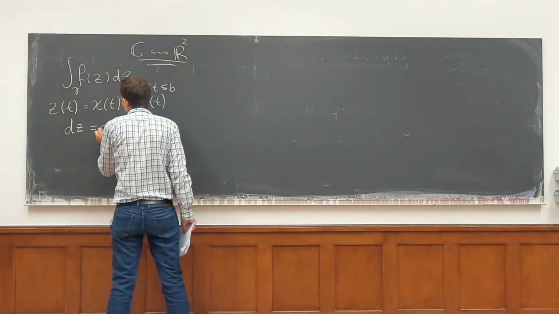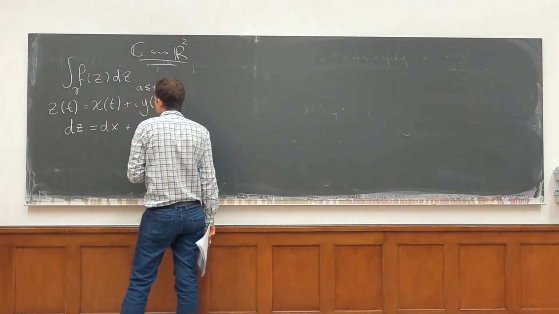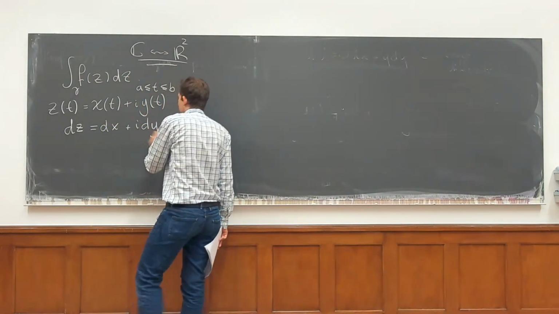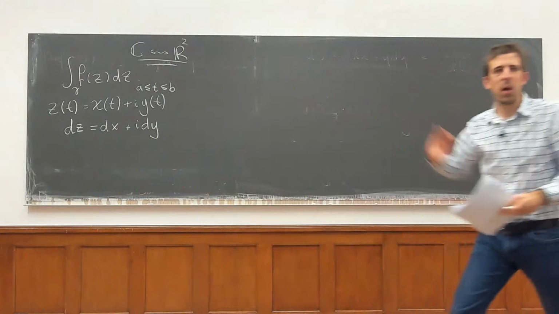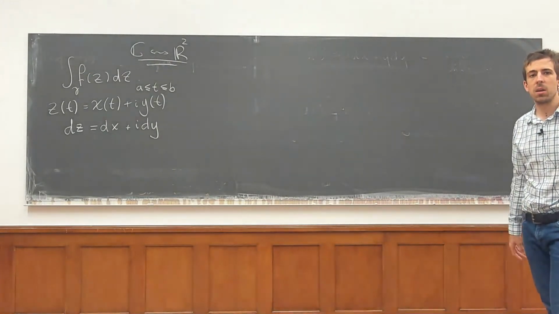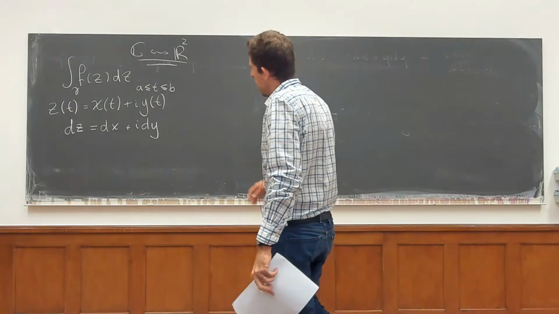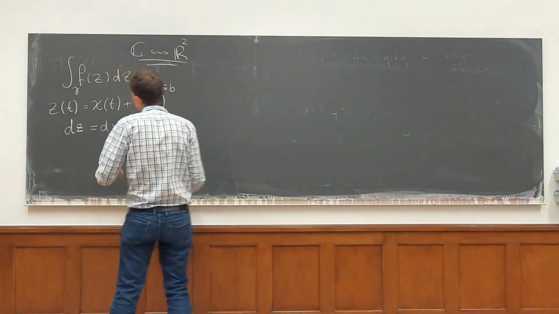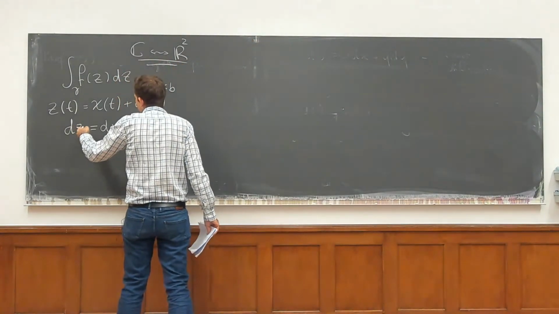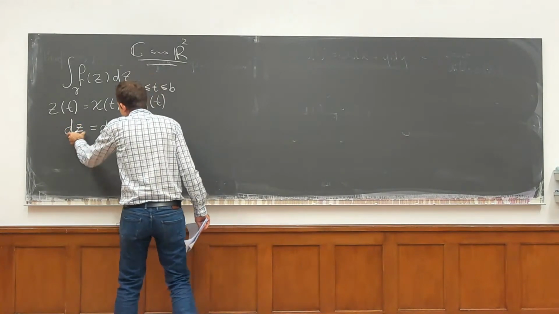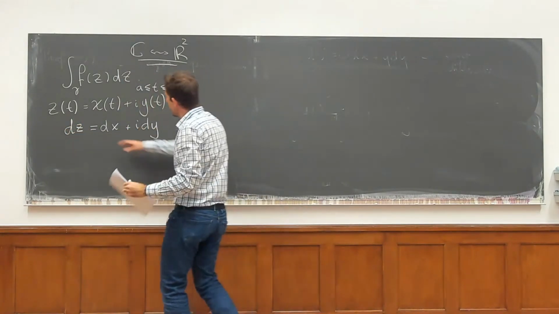Clearly, it should be dx plus i dy. So let's see why dz is actually equal to this.